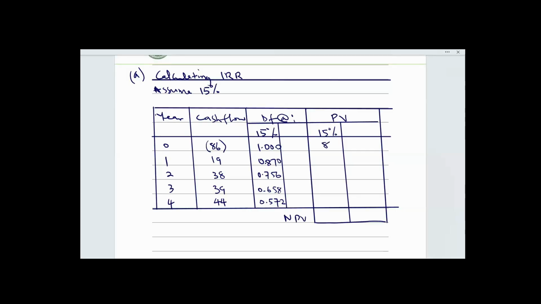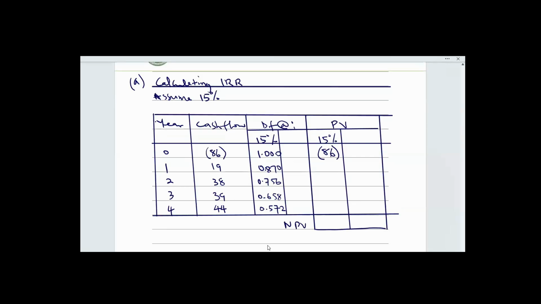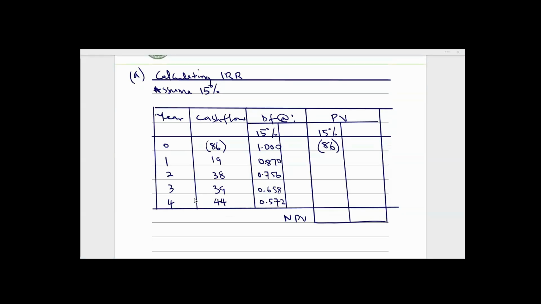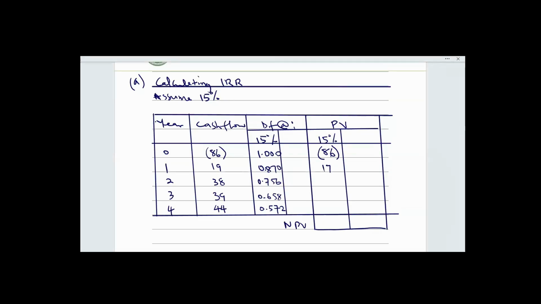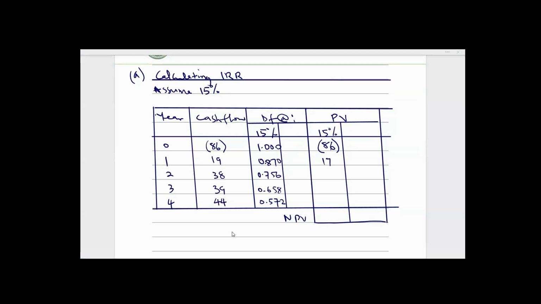So here will be 86. Then 19 multiplied by 0.87, that's 17 rounding. Next one, 38 multiplied by 0.756. That's 29.